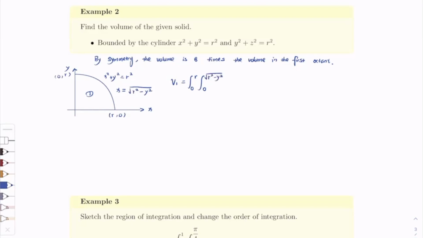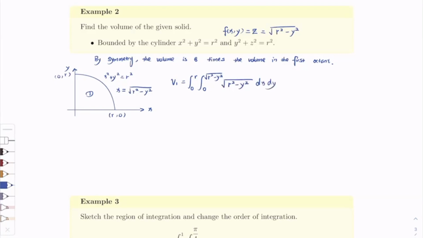And you need f of x, y as well. So f of x, y equals z, where z can be found here. So z equals the square root of R squared minus Y squared. Alright, so you put that here, and then dx dy.